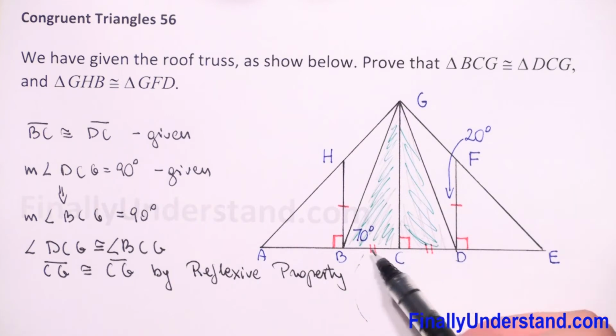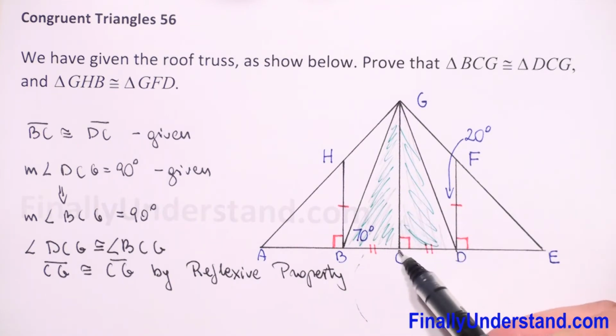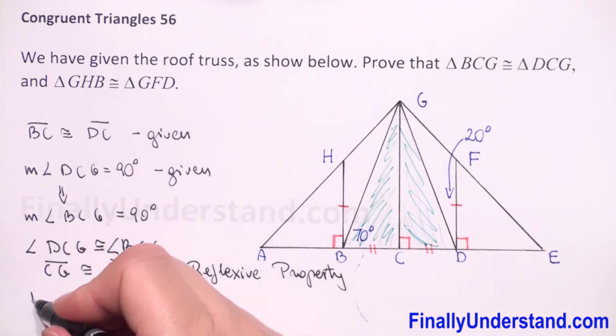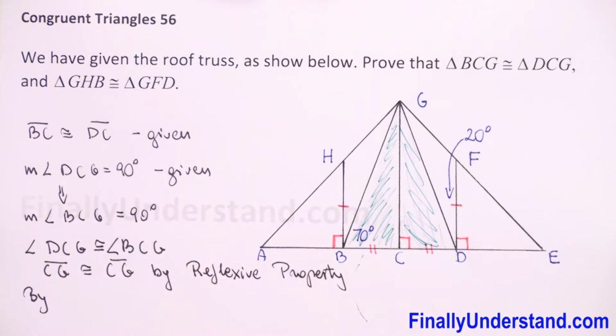So we have two sides and the angles between these two sides congruent. So by the side angle side congruence postulate, these two triangles BCG and DCG are congruent.